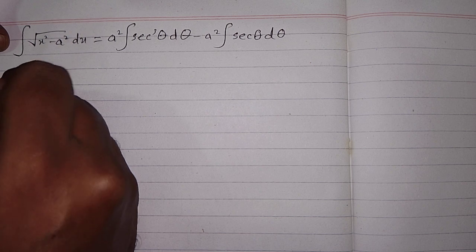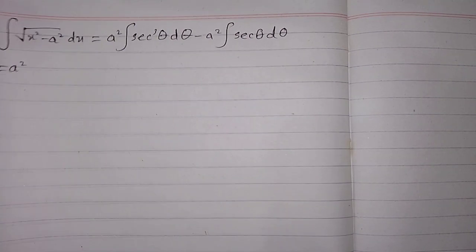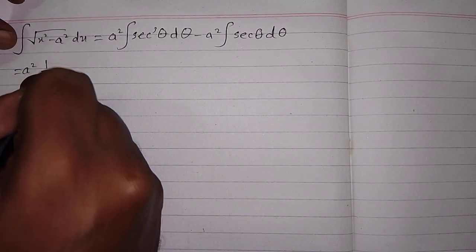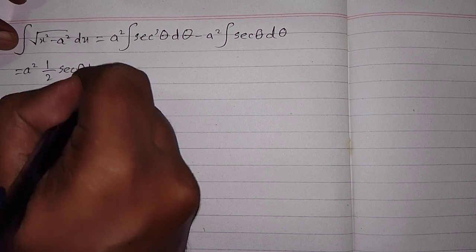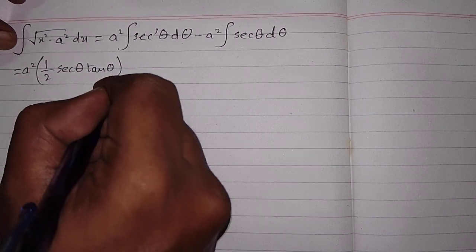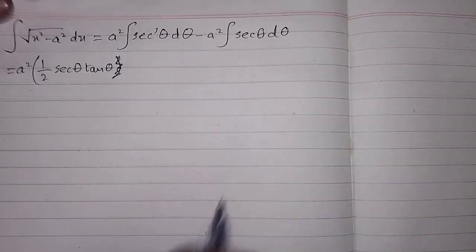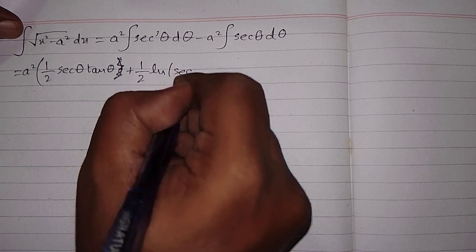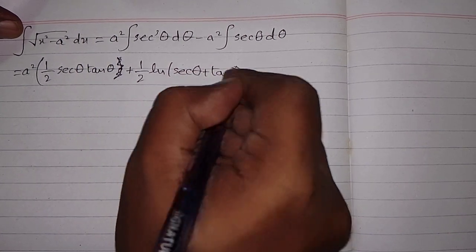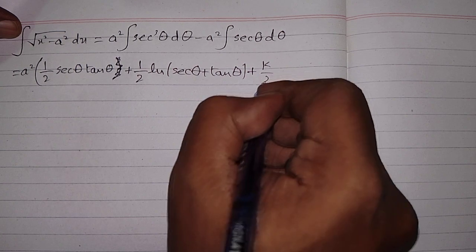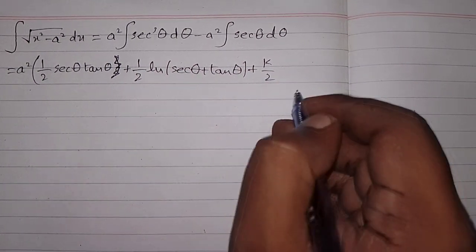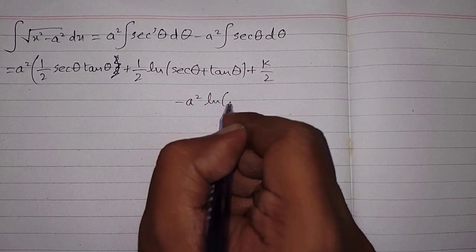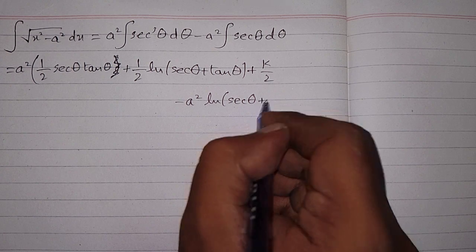So first we will write this a square and the integral of sec cube theta, which is half sec theta tan theta plus half ln of sec theta plus tan theta plus k upon 2, minus a square, and integral of sec theta is ln of sec theta plus tan theta.